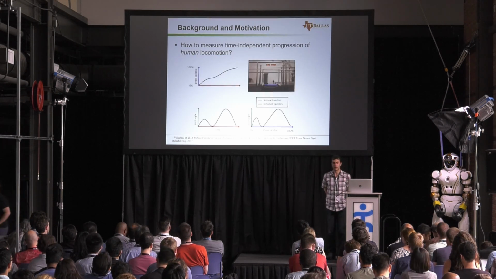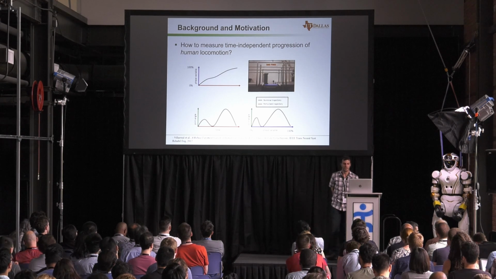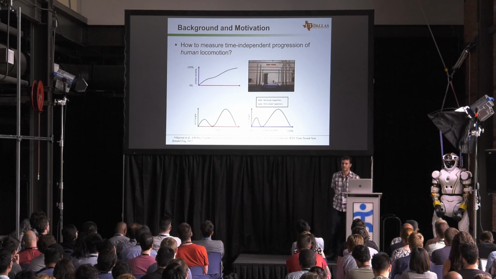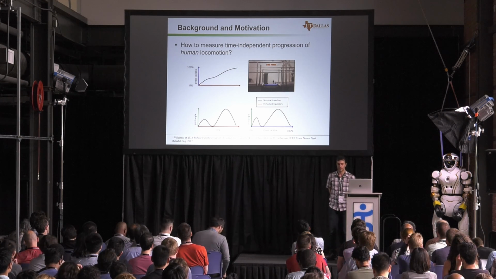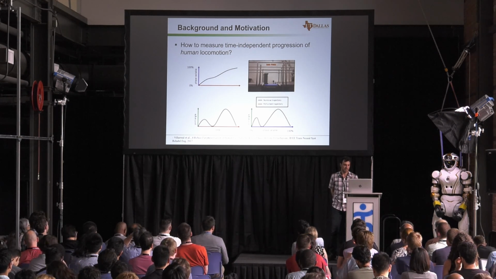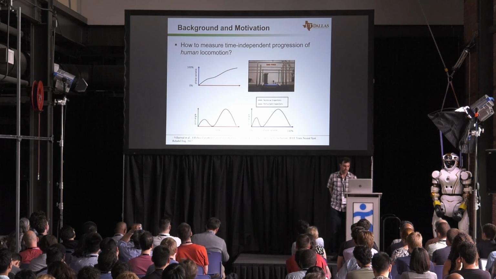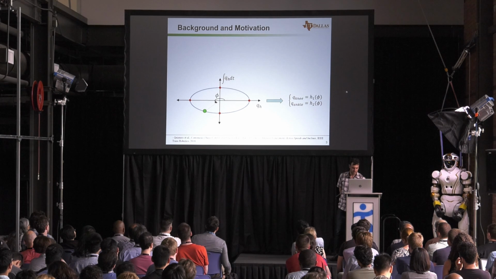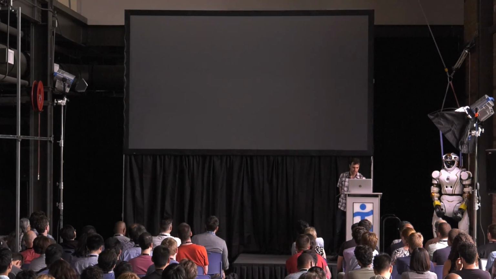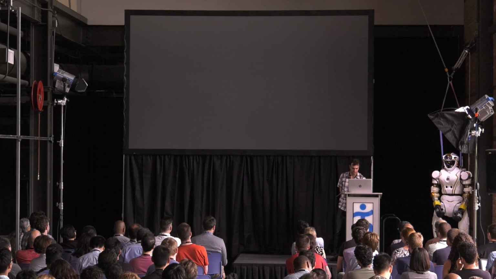To give you a little background, we have sought a parameter, the phase variable, that can parameterize human gait. Some reason it didn't play.